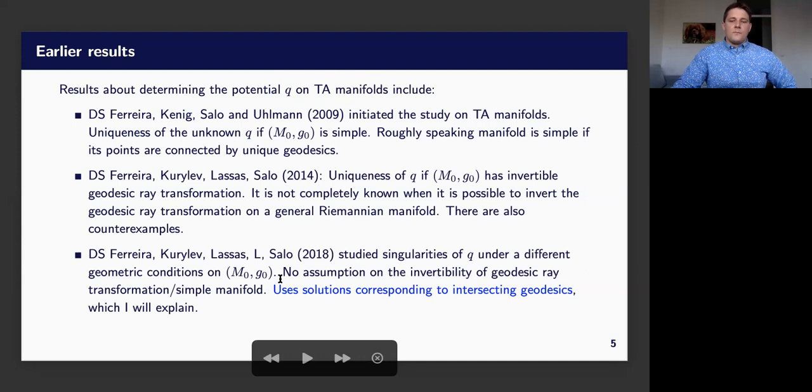In particular, we made no assumptions on the invertibility of the geodesic ray transformation or that the transversal manifold would be simple. The main technique in this paper was that we used solutions which corresponded to intersecting geodesics. And this is one of the topics of today, and I will explain what I mean by intersecting geodesics and these solutions.